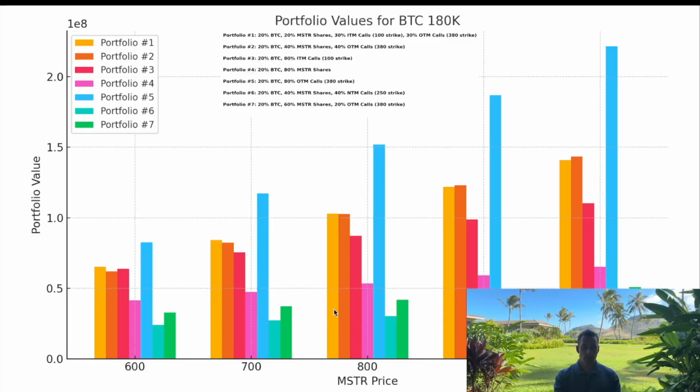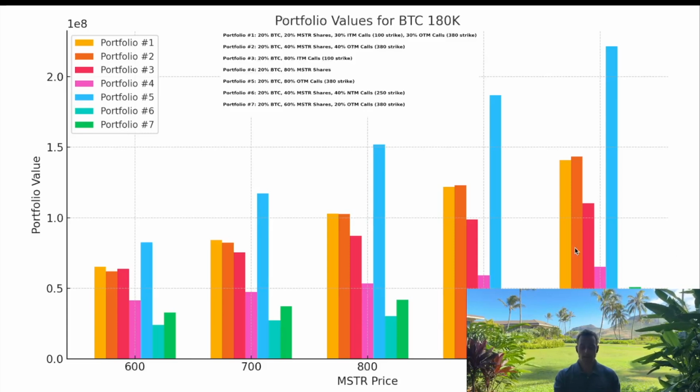Now, the pink, which is the 80% MSTR spot shares, begins to underperform once you start moving farther and farther away from that $380 strike. And you can see this, it's evidenced here in these portfolios. So again, my favorite portfolio is the 20% Bitcoin, 40% MSTR shares, and 40% out of the money calls.